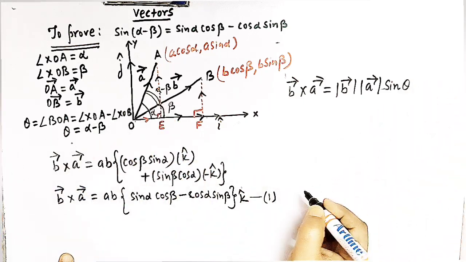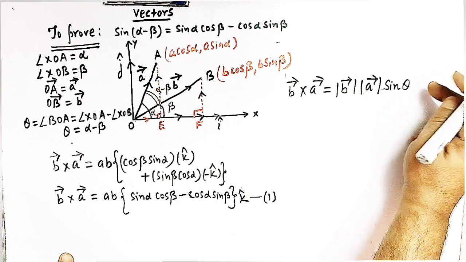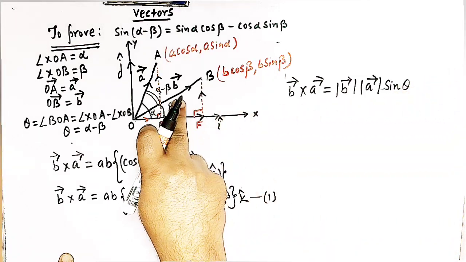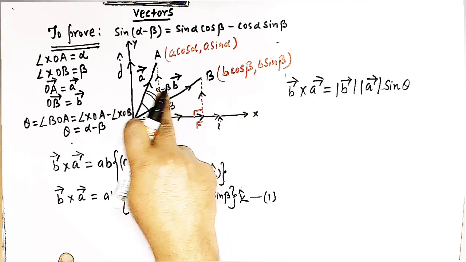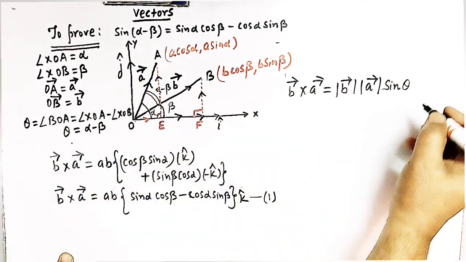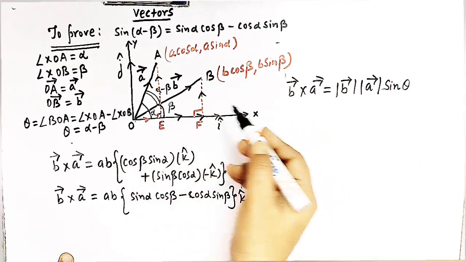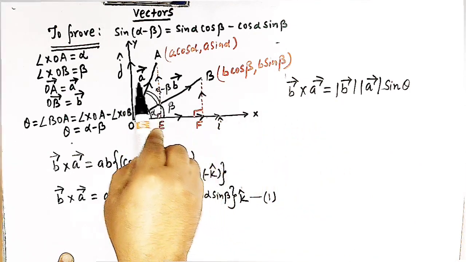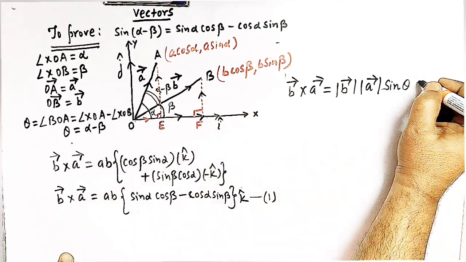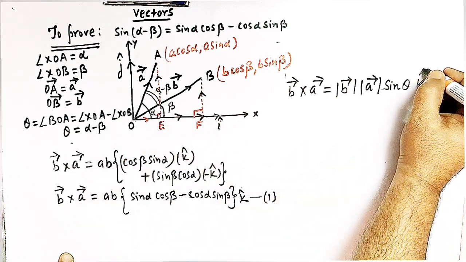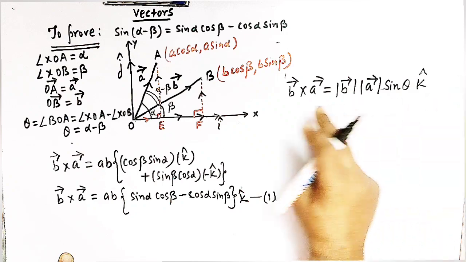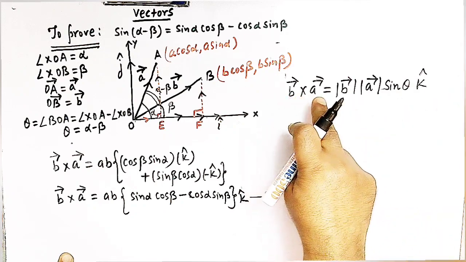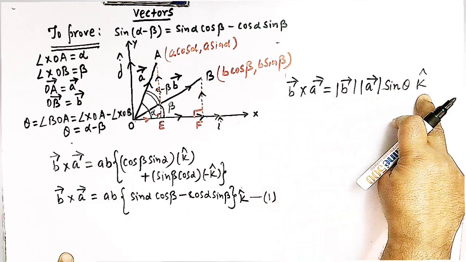Here we write theta, and then a unit vector that is perpendicular to the plane containing vector b and vector a, which is given by k cap. So we have the definition of the cross product of vector b and vector a given by this expression.